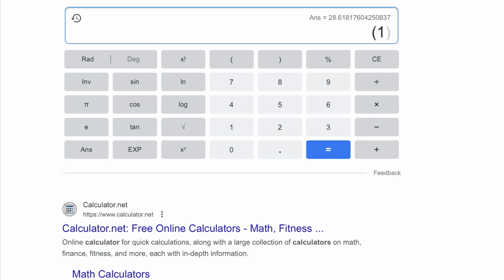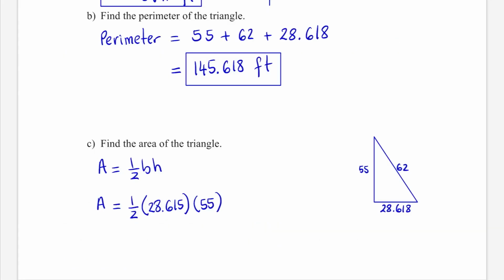I put 1/2 in parentheses times 28.618 times 55. Enter. That's my answer. And the unit for the area is feet squared.